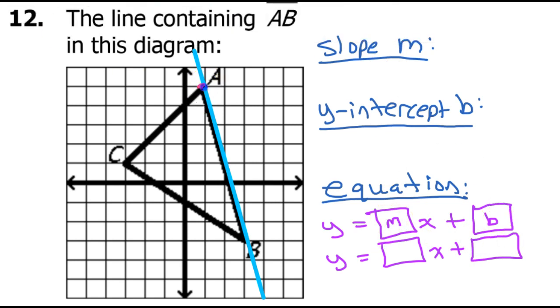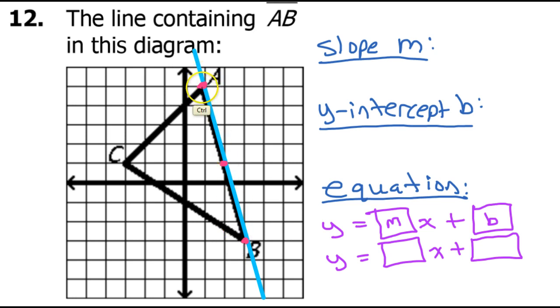So let's start with the slope. This point A is right where the grid lines meet. So I'm looking for another point that is decisively right where the grid lines meet. I'm thinking maybe this one. I know that point B has to be right where the grid lines meet.